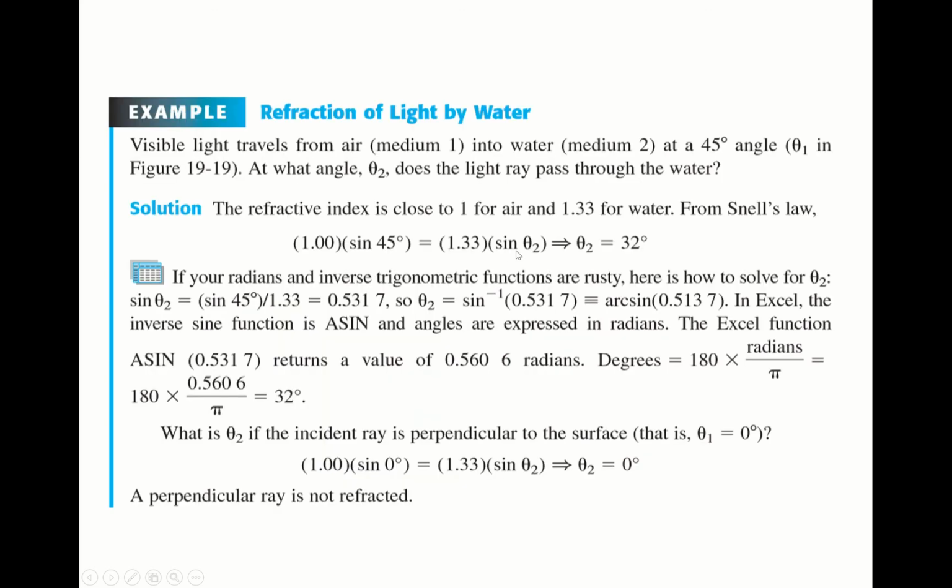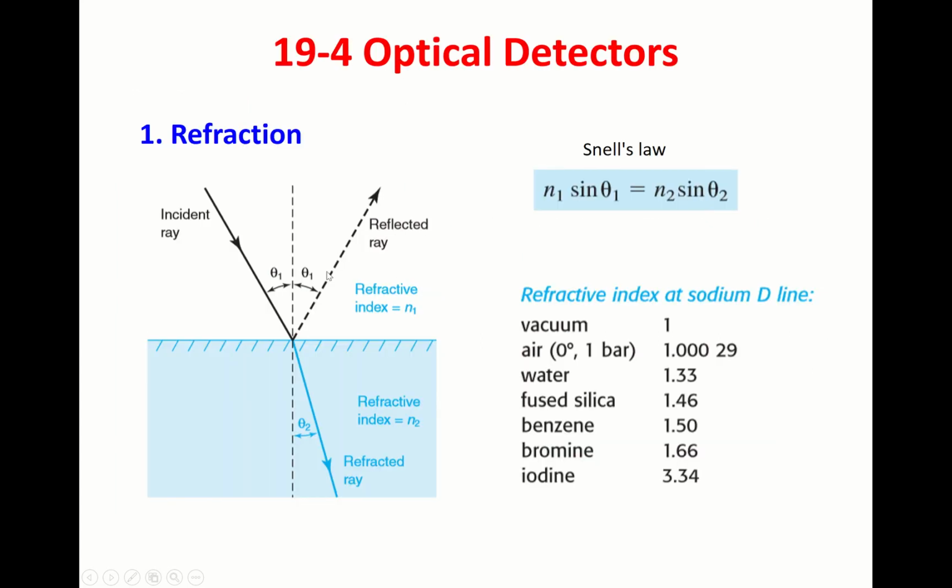Here is a very simple example: refraction of light by water. Visible light travels from air, medium 1, into water, medium 2, at a 45 degree angle. Theta 1 is now 45 degrees.